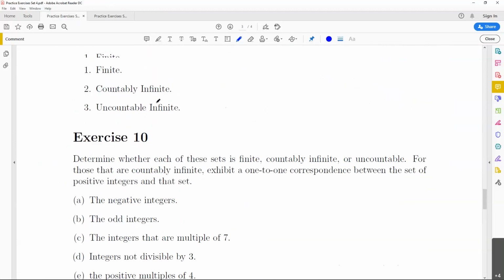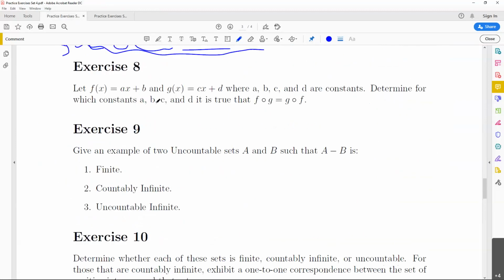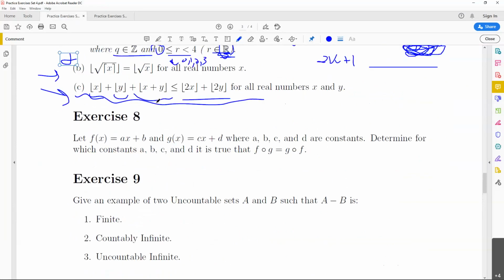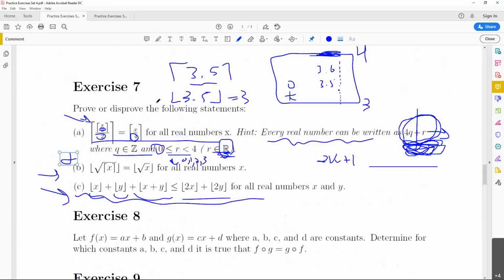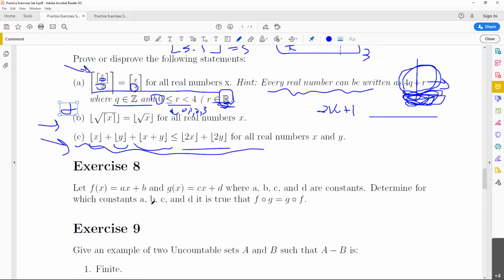I think the rest of the parts are going to be more... If you have any problem with part 7 or the previous parts, let me know. They were very proof heavy. Now I think it's going to become a little less, let's say, strict. Let f of x be this, g of x be this.